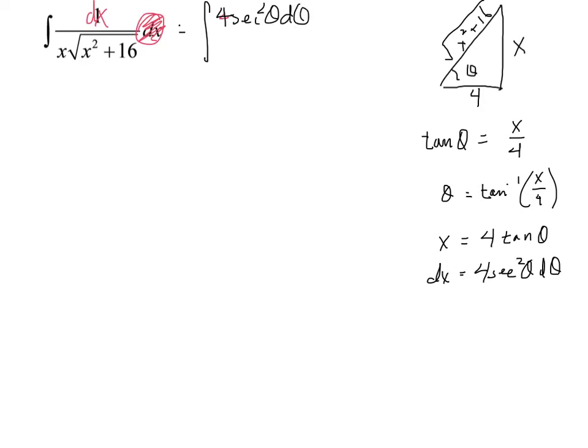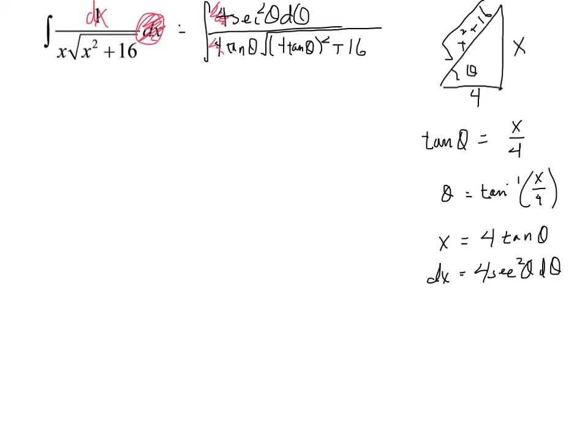That's our dx. And then down here we're going to have 4 tangent theta, and then the square root of 4 tangent theta squared plus 16. Well, notice right away the 4's are going to divide out to be 1.